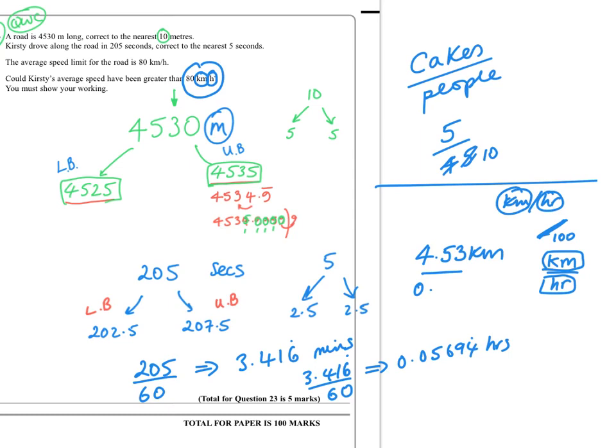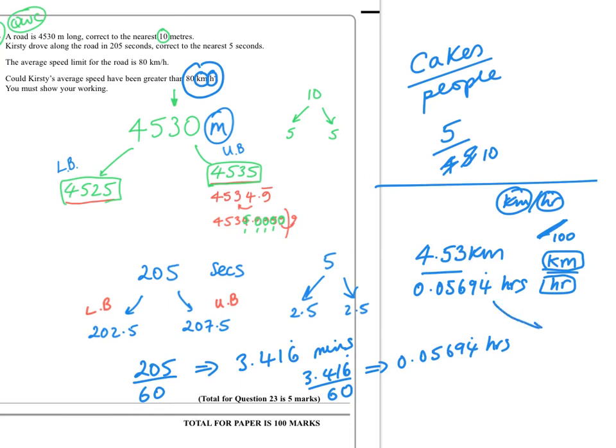Now, I'm going into this much detail because these kind of dimensions questions, upper and lower bounds, are very tricky. So if we just did that raw calculation there, what would that tell us? It would tell us that we had 4.53 kilometres per 0.0569, and just do a few 4s on your calculator.